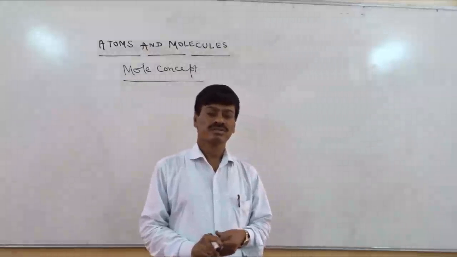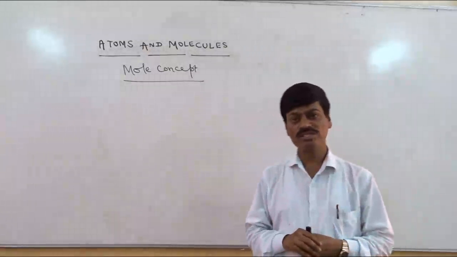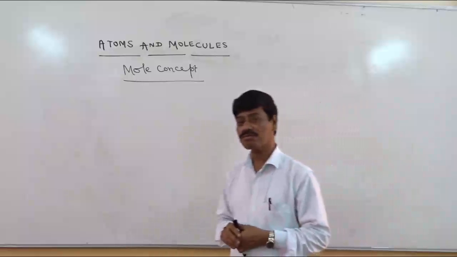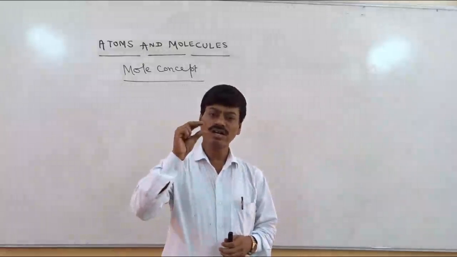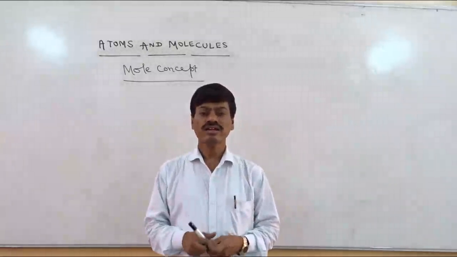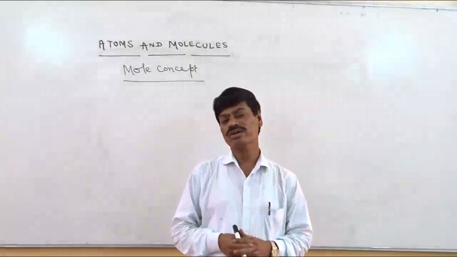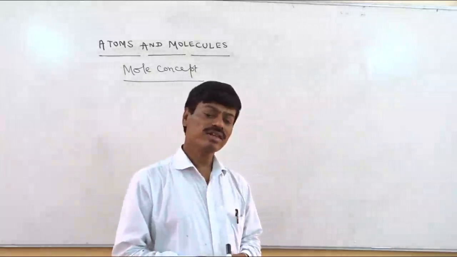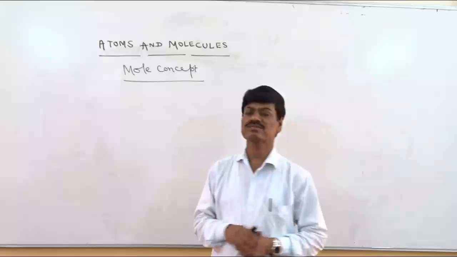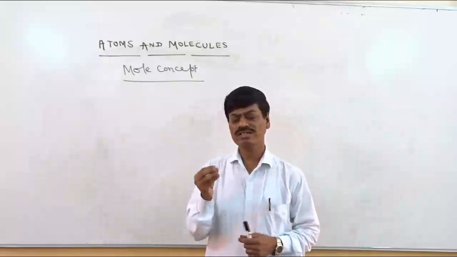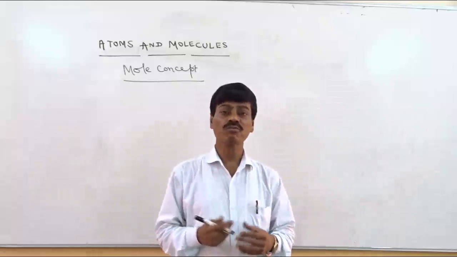Next, if we go to any showroom and if we want to purchase gold, then we will ask the price of gold per 10 grams. 10 grams is a particular quantity. Here gram refers to quantity, kilogram also refers to quantity. Same way, in chemistry, very small quantities are expressed in terms of mole.